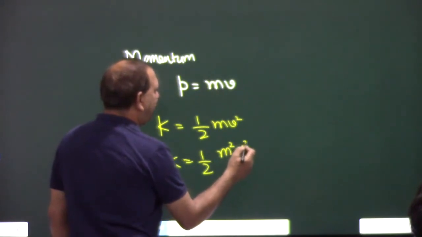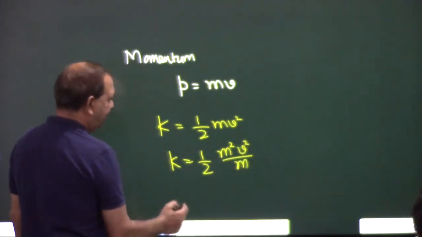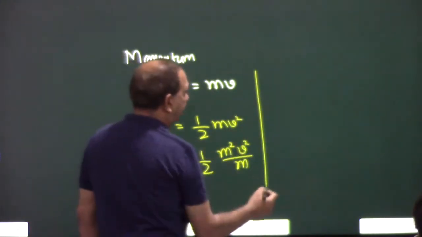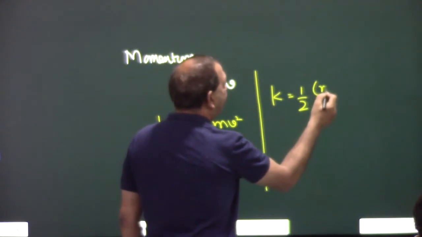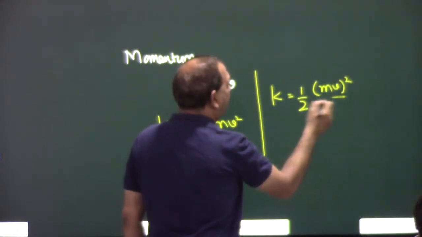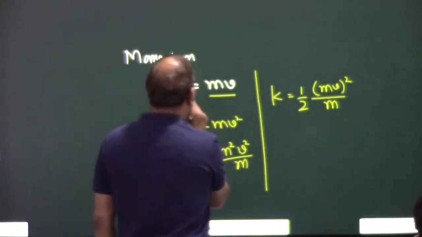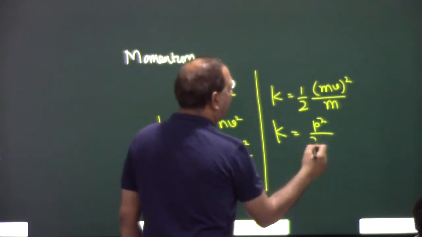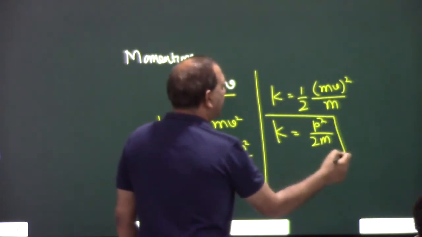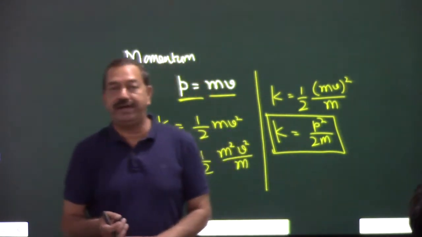Let's multiply and divide by m. Then we get K is equal to half mv square upon m. So we know this mv is what? Momentum. So K is equal to p square upon 2m. So that is the relation between kinetic energy and momentum of a body.